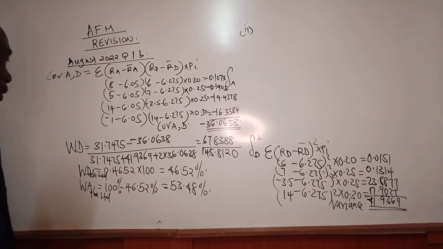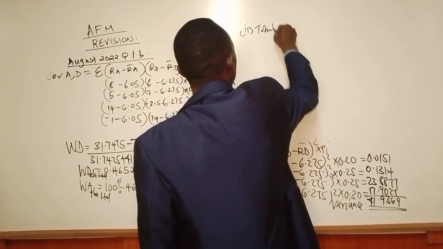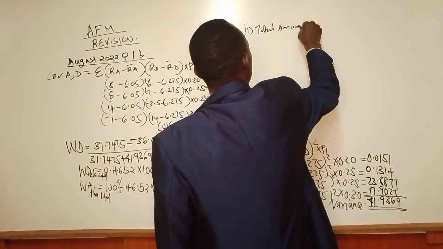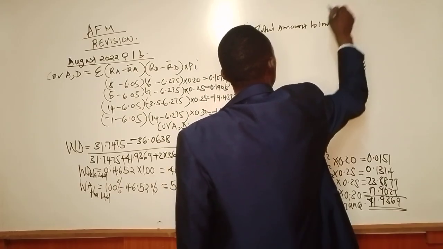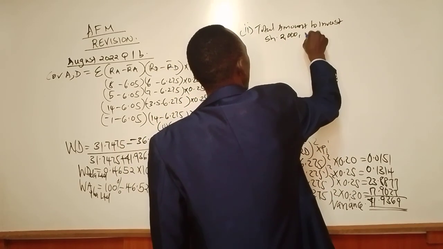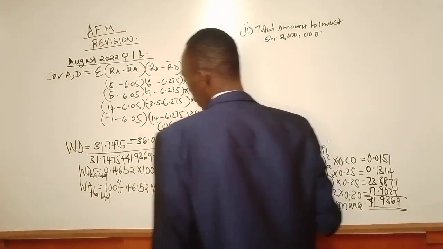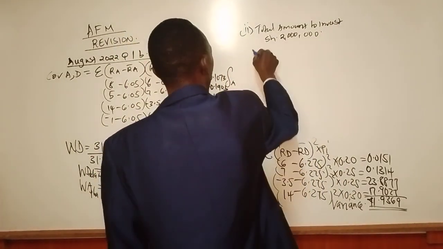So they want what? They want the amount in shillings. Remember, the total amount to invest was shillings 2 million. So therefore the question is, how much is Data Limited going to get?